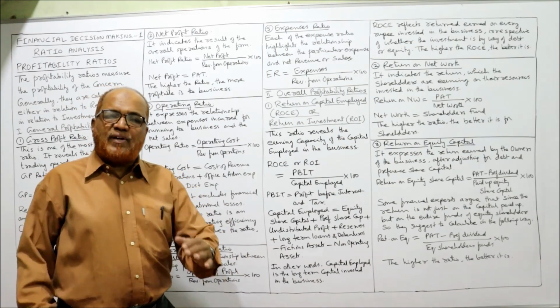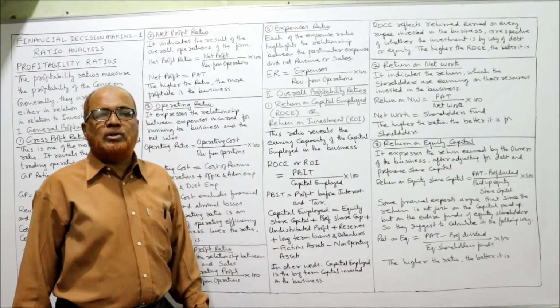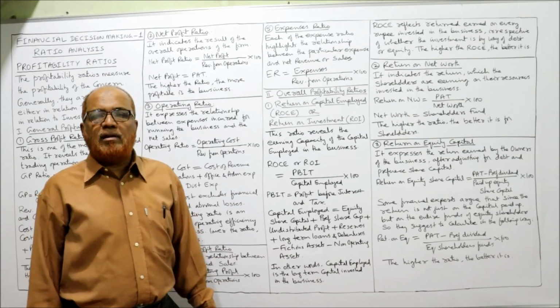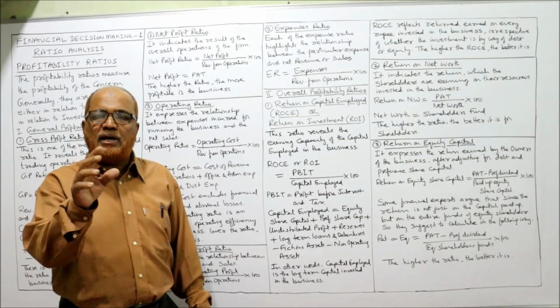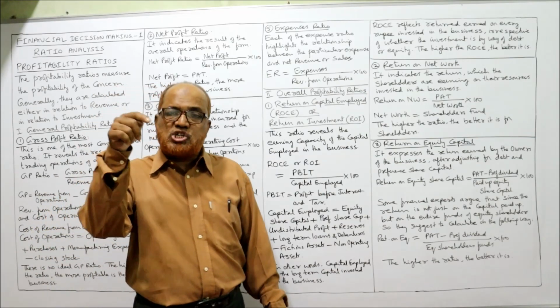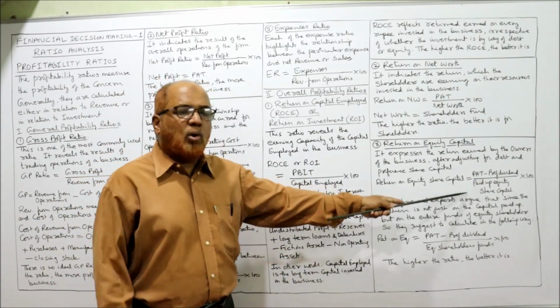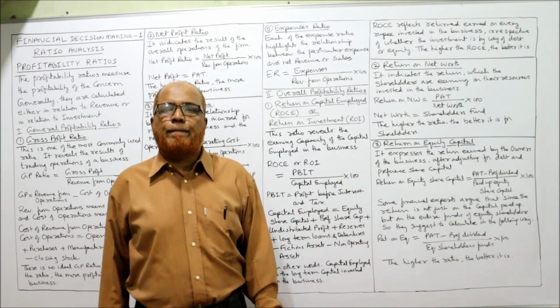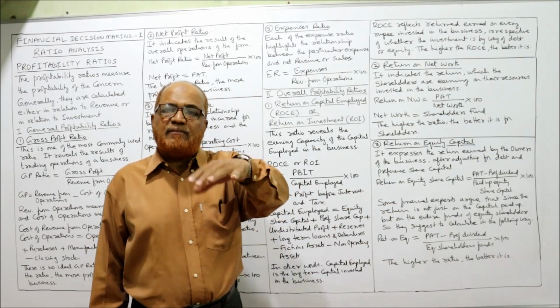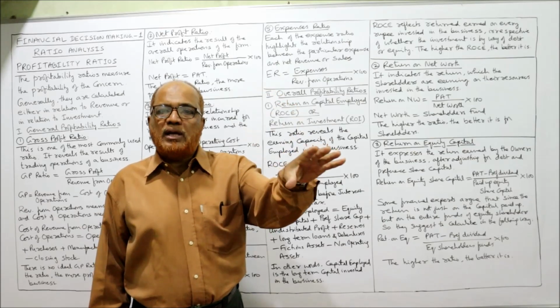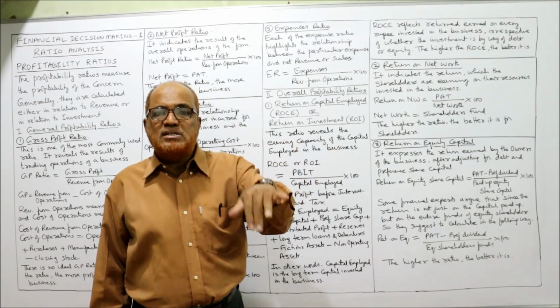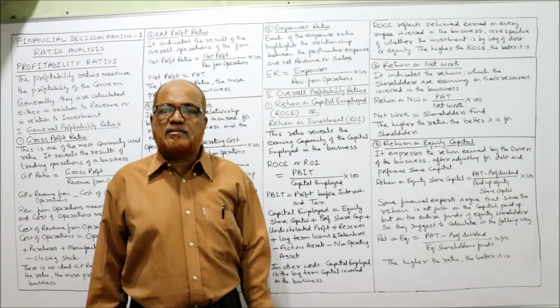But some financial analysts argue that we should not calculate the return on paid up equity share capital but on equity shareholders fund, because paid up capital means only share capital, but equity holders have a stake not only in equity share capital but also in reserves and surplus.